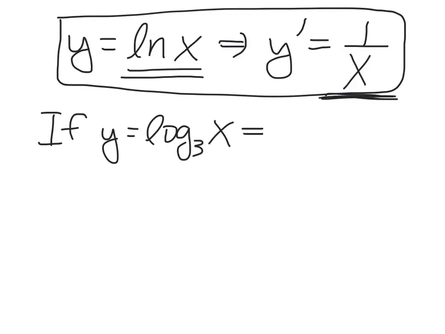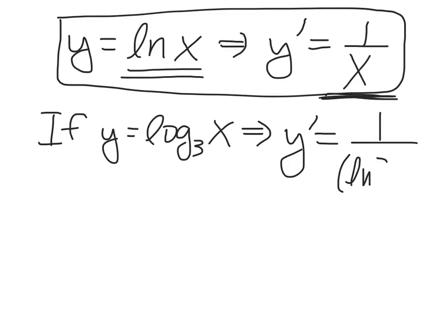By the formula that was talked about in our material, the derivative of this would turn out to be 1 over the natural log of 3 times x, natural log of 3 times x in the denominator part.